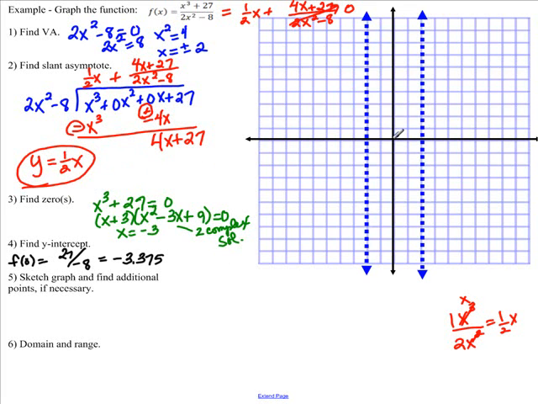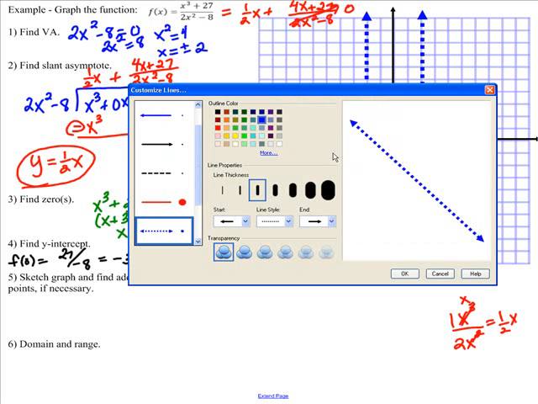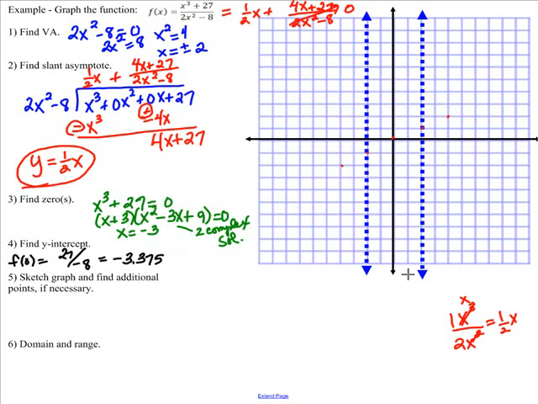So just to think about where that would be, we rise 1, run by 2, rise 1, run by 2. Okay, so let me see if I can get my slanted line on here where I need to have it. And of course I'm not. Kind of close there.